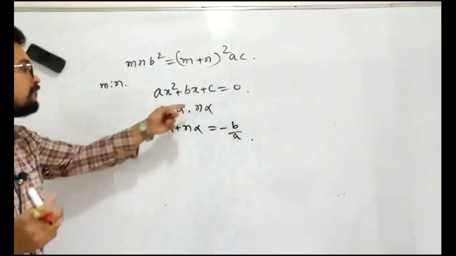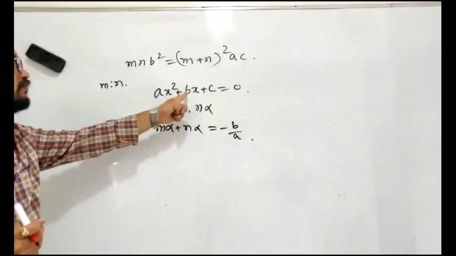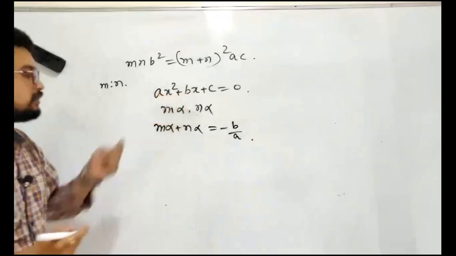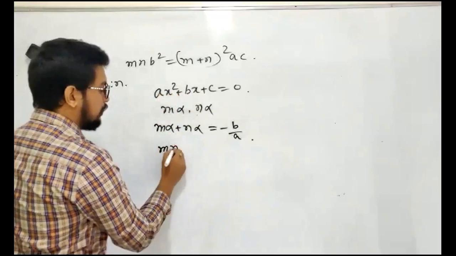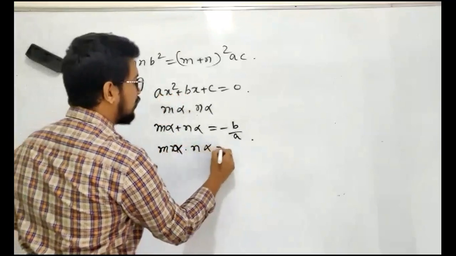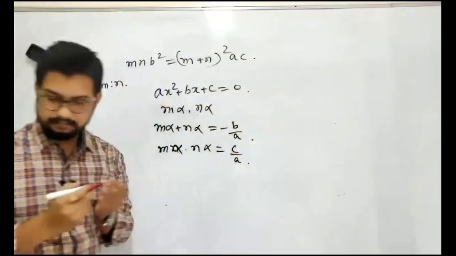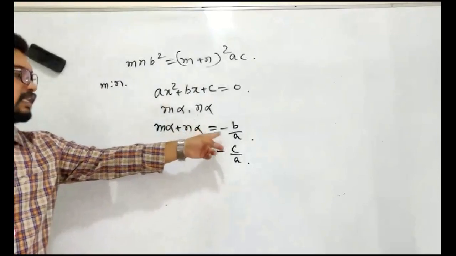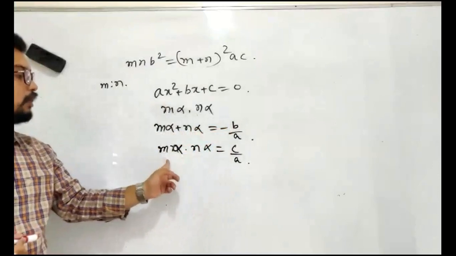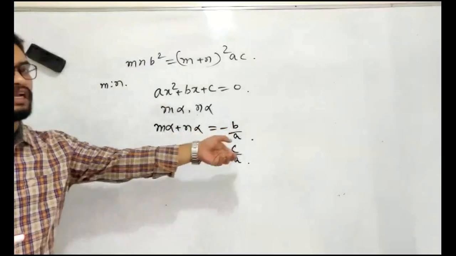Similarly, the product of the roots is m alpha into n alpha, which is nothing but c by a.